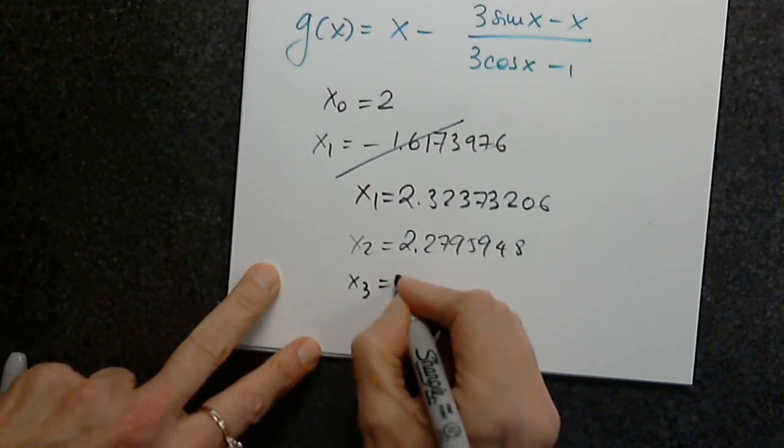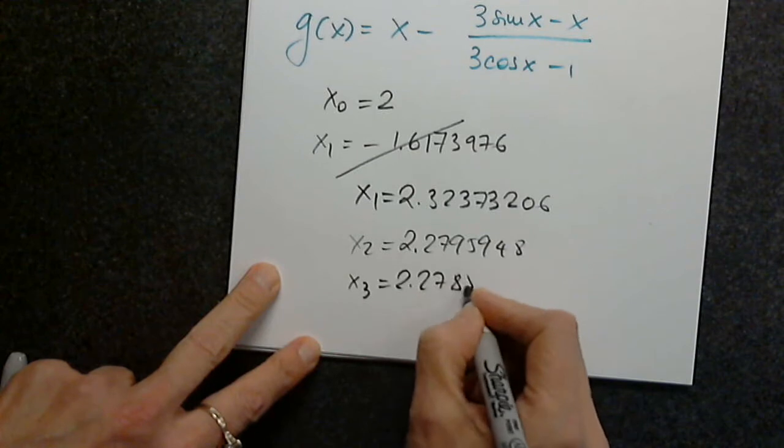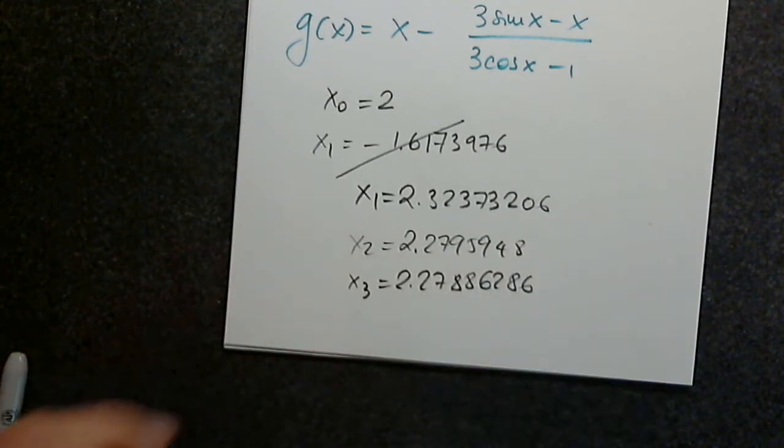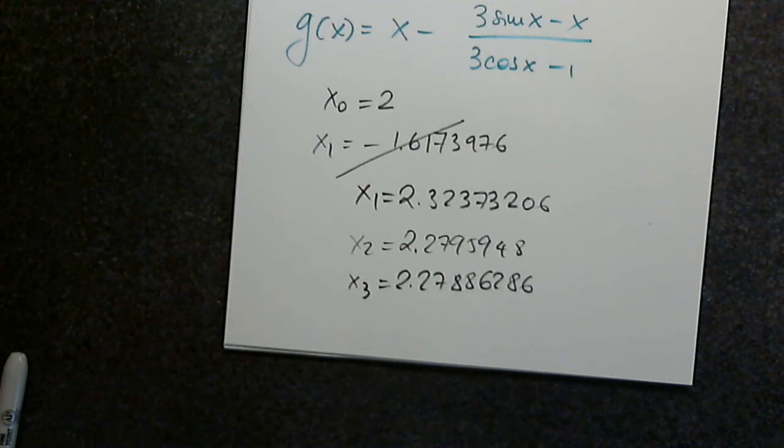This is x3. And then maybe one more time, 2.278862. Since we wanted 6 digits, the previous one is good enough.